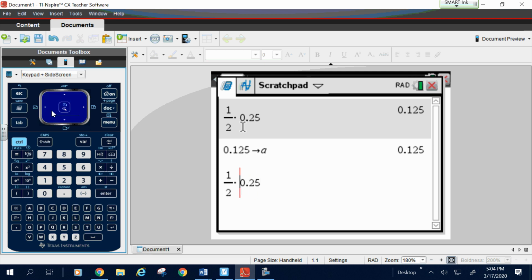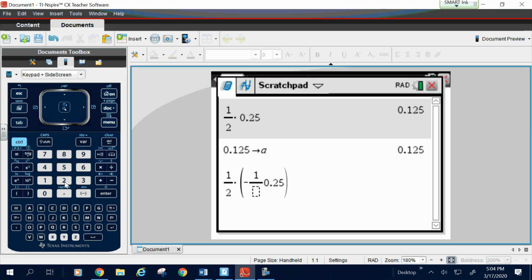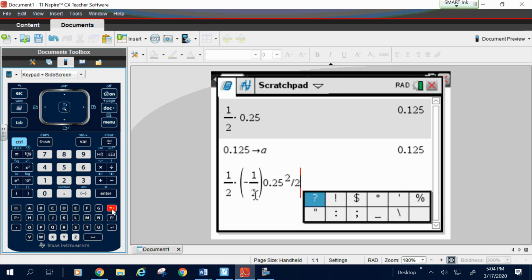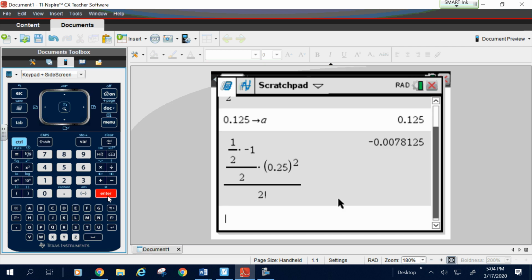So you can see that in going to the second term, we then multiplied by negative 1/2, and the 0.25 got squared. And then we divided by 2 factorial, which I know I don't really need the factorial, but all right. Now that was not less than 1,000th.